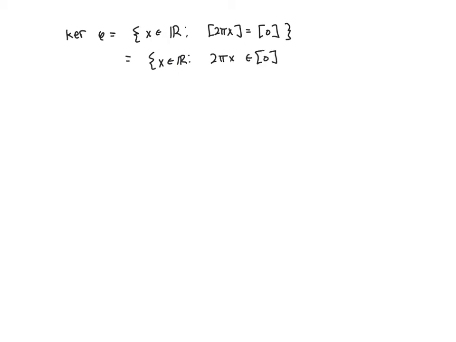Now let's figure out what the kernel is. The kernel is going to be all those elements for which the equivalence class of 2 pi x is the same as the equivalence class of 0. Remember, that means, by definition of equivalence classes, that 2 pi x is in the equivalence class of 0, which means that 2 pi x must be equal to an integer times 2 pi.